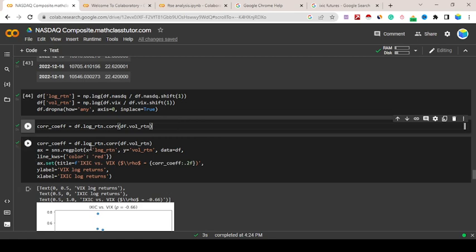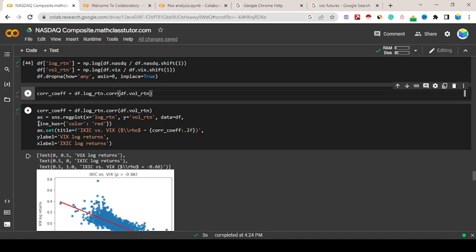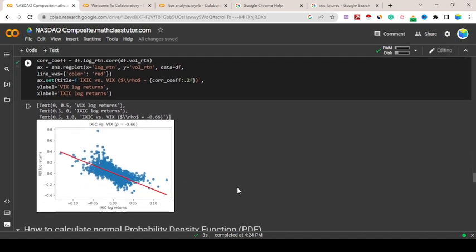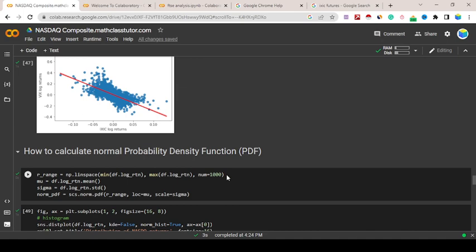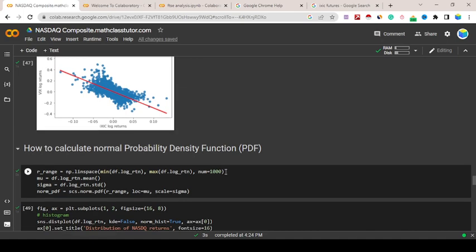So correlation means the df log return and the VOL return, one is the VIX return, another is the log return. VOL means VIX, I have represented it as a variable, and we can see the minus 66% relationship between the NASDAQ and VIX. So it is really strongly negative.